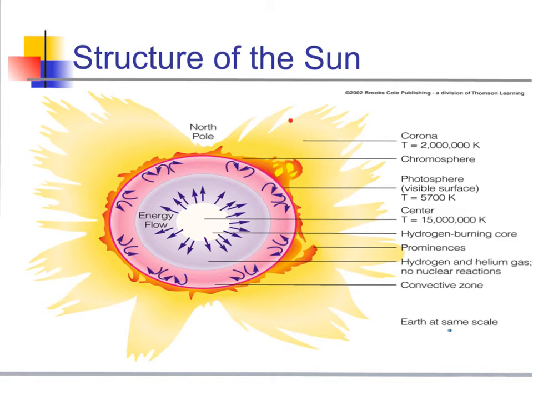So we have the corona, the outside, the core, the inside. And down here you may notice Earth at the same scale as the sun. So Earth is this tiny, tiny little dot in comparison to the sun, and if you recall earlier, I mentioned that you could fit about 1 million Earths into the space of the sun.